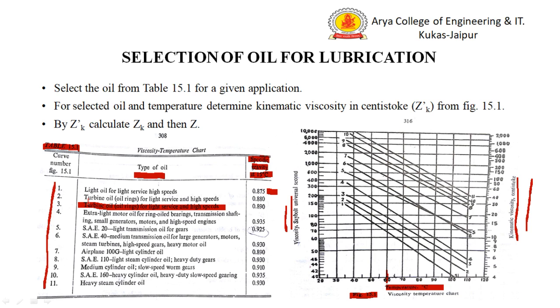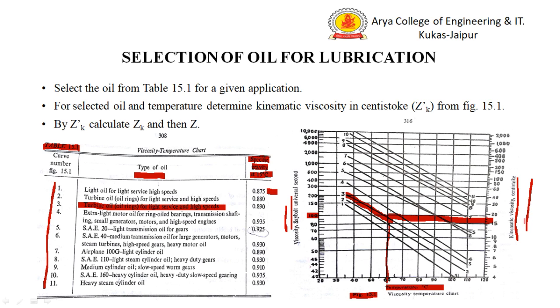So for this oil number 3, we will use line number 3. From 60 degrees centigrade and line number 3, we can determine the value of Z dash K directly, or we can also find the Saybolt seconds.